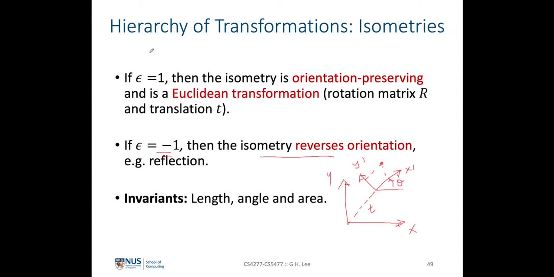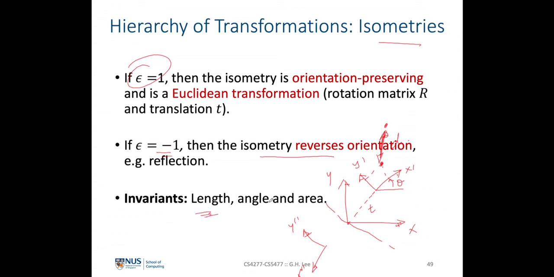But when epsilon equals -1, what I will be doing is actually reflecting this axis into here. So now this point must be with respect to x double prime and y double prime over here. And we can see that regardless of how this particular point, or how any 2 points, undergo the isometric transformation, the distance between the 2 points will always be preserved.